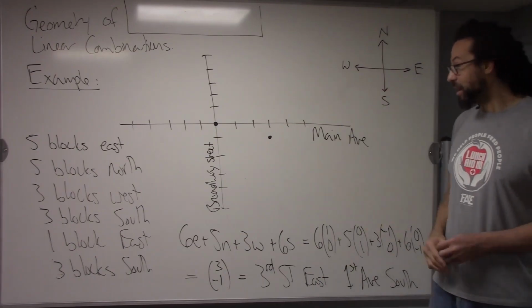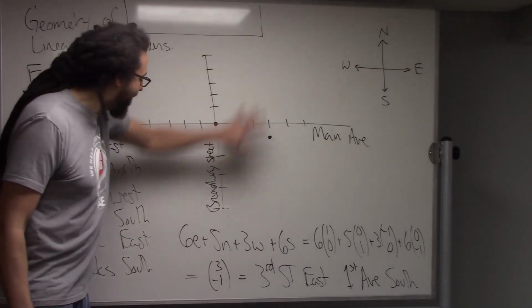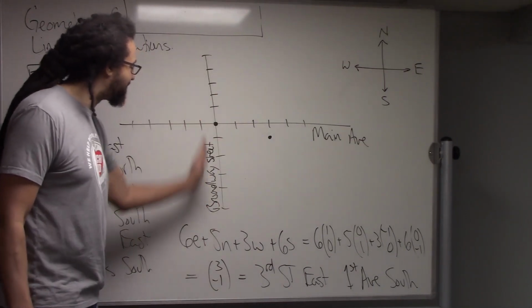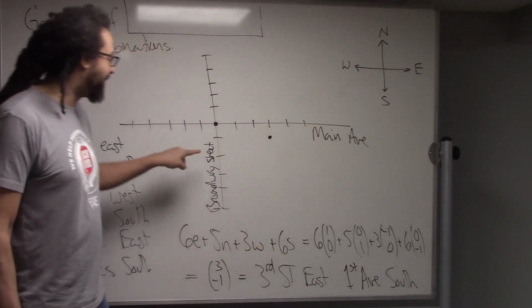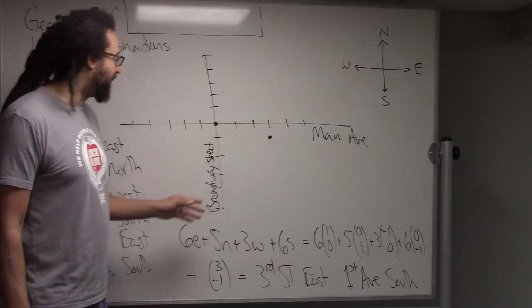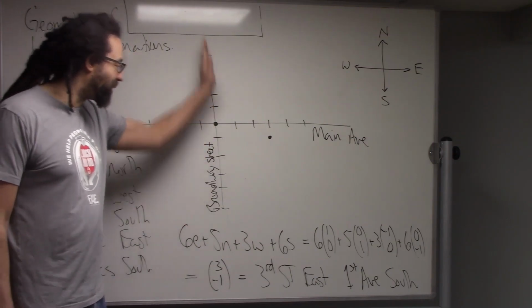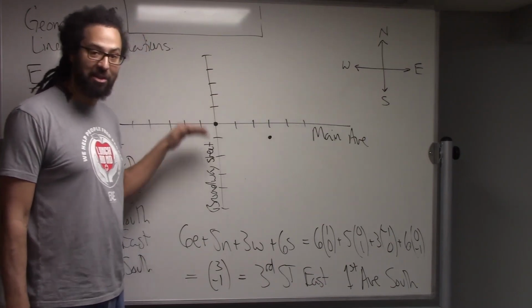So here's an example. Let's say we're on this map, and we've got Broadway Street, this vertical, and we've got Main Avenue. So at the intersection of Broadway and Main is the origin. We'll assume here that streets run north and south, and avenues run east and west.